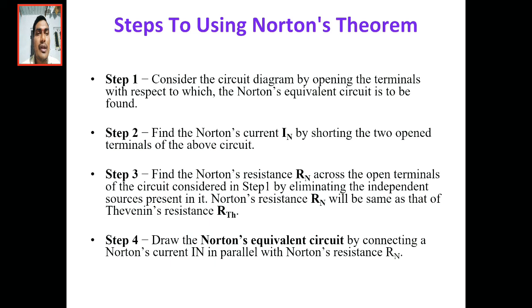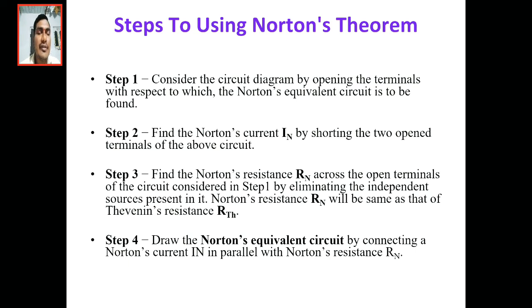This equivalent circuit consists of Norton's current source in parallel with Norton's resistor. In step 1 we removed the element in which we have to find the current. We have to add this element in parallel with Norton's equivalent circuit.